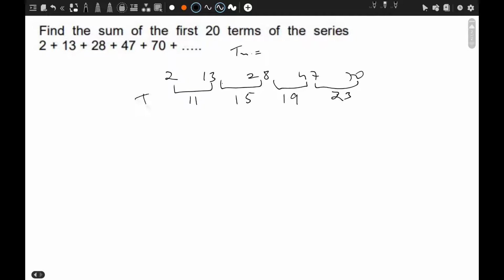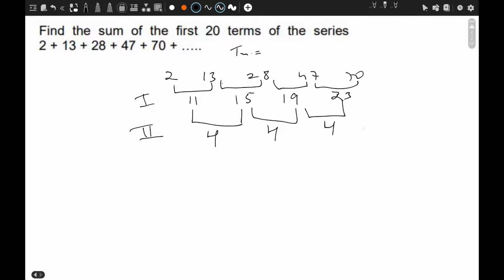So this was the first level of difference. Again we will find the differences until they become constant. 15 minus 11 is 4, 19 minus 15 is 4, 23 minus 19 is also 4. So at the second level it became constant.